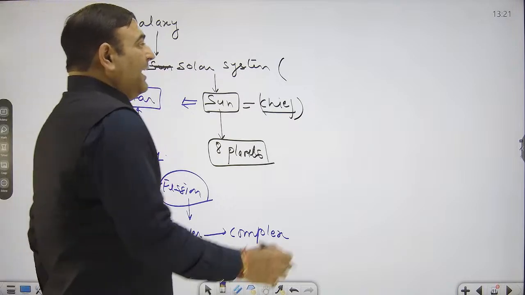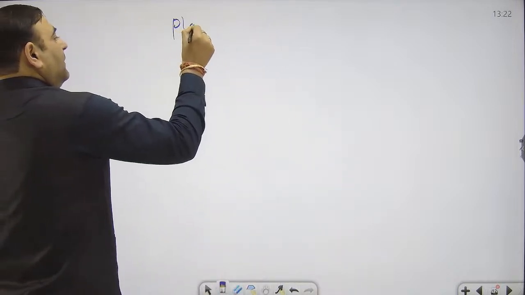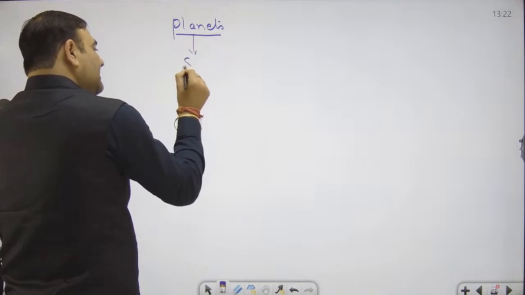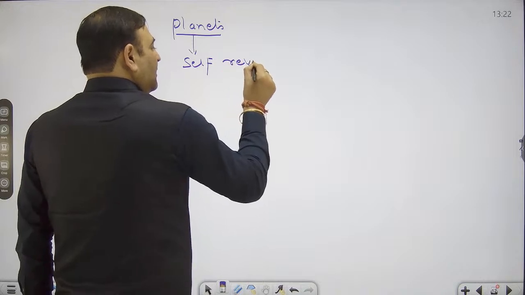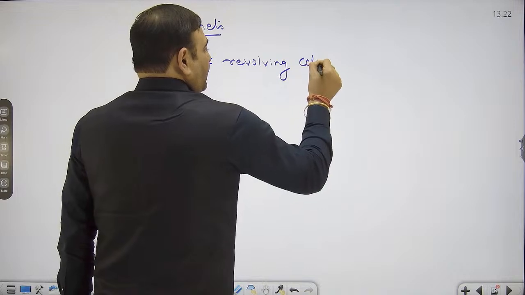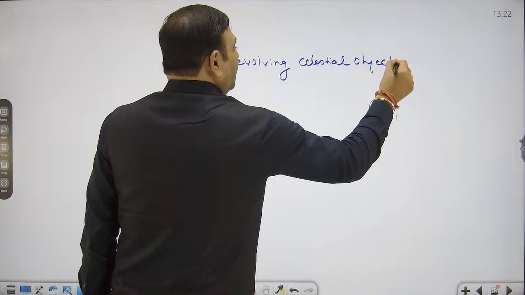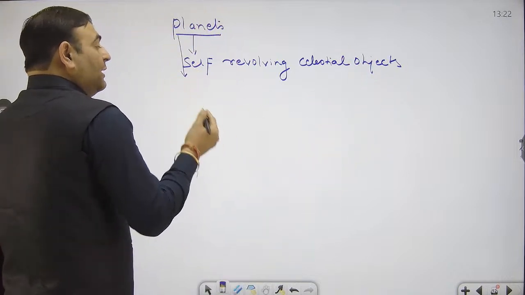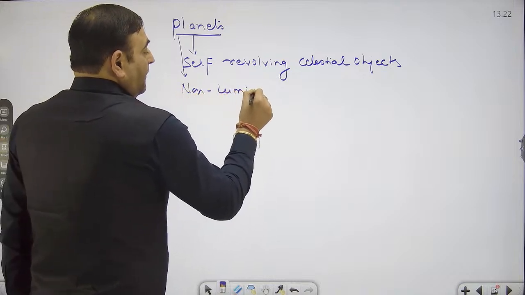When I'm talking about planets, what do you mean by planets? Planets are self-revolving celestial objects which don't have light of their own. Hence, they are non-luminous.